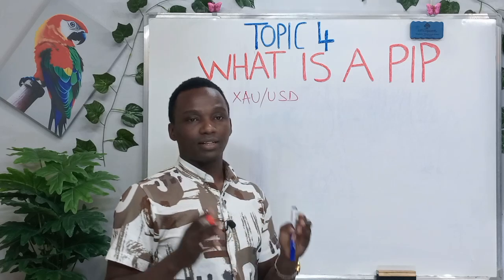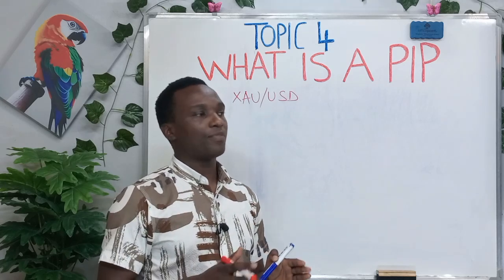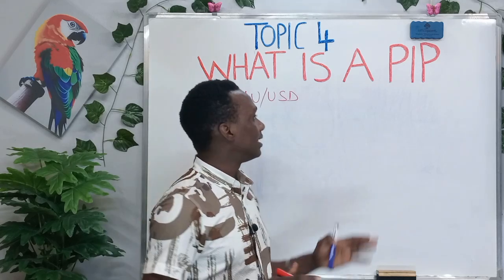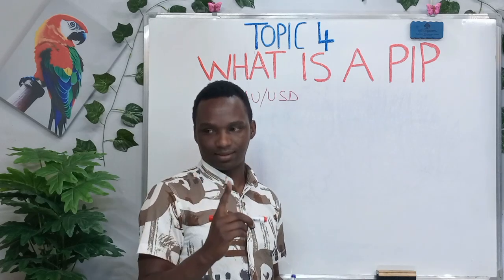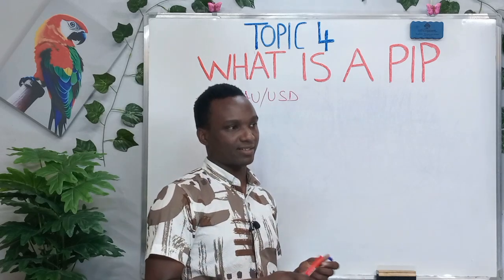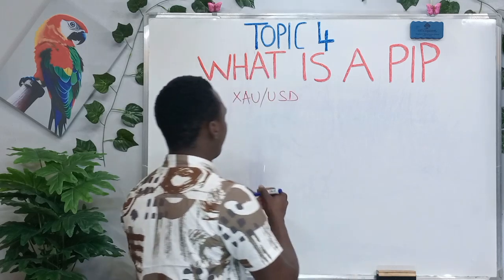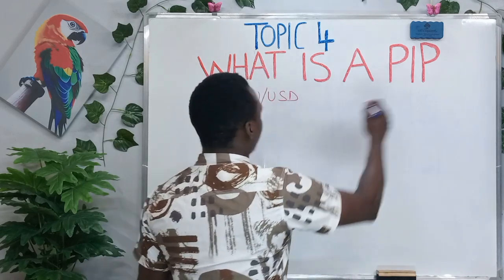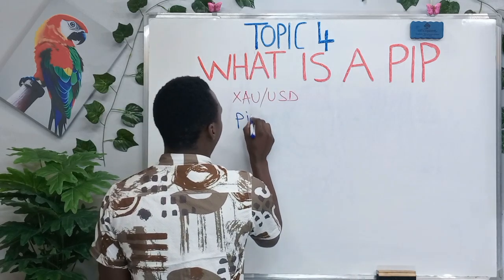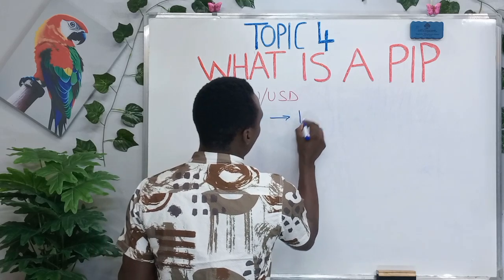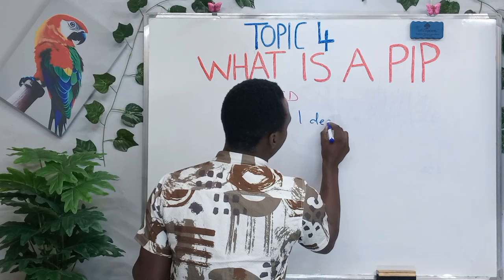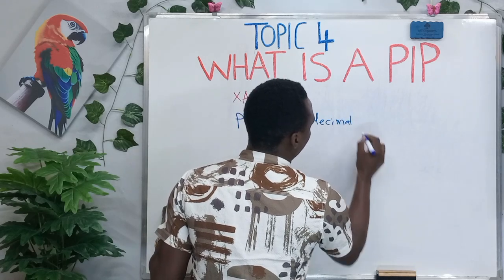Compared to the JPY pairs, the XAU/USD is expressed to one decimal place. What did I just say? The pip, the percentage in points, in the XAU/USD is expressed to one decimal place.